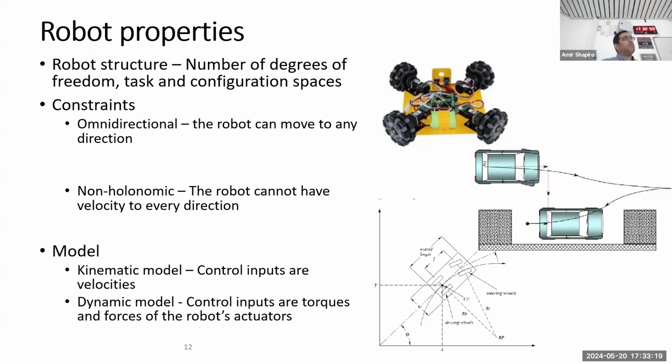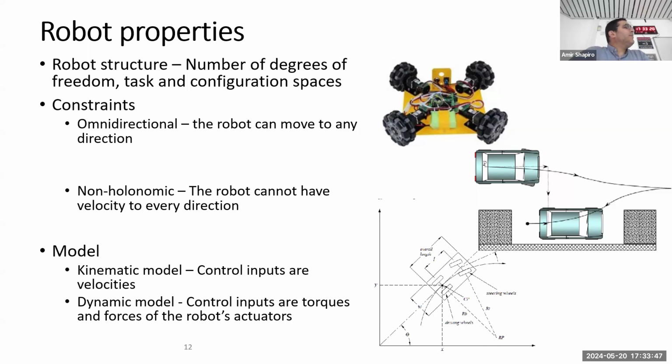So it cannot have a velocity in the sideways direction. It can move along some kind of an arc, but not sideways, not in the radius direction. And this is called a non-holonomic constraint.